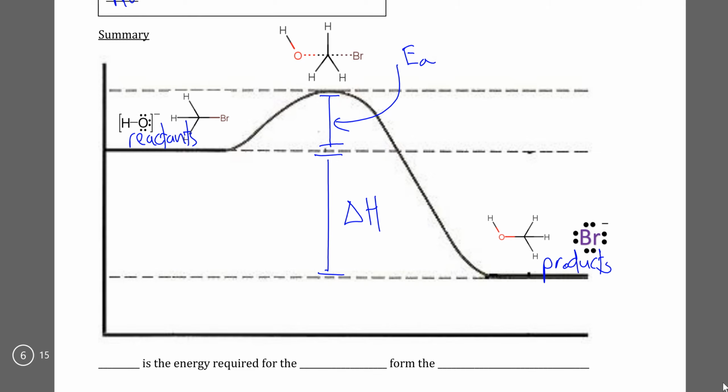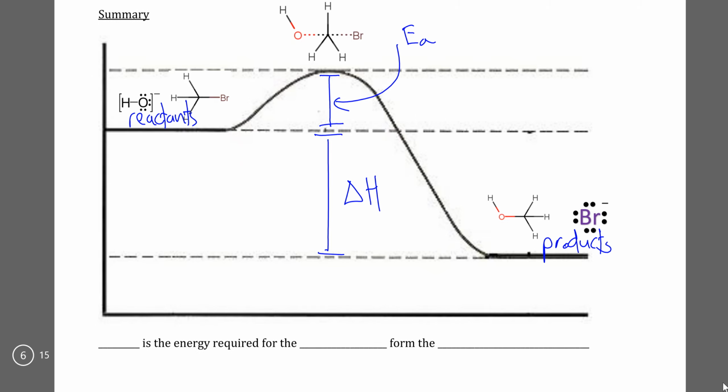Given that activation energy is the difference in potential energy between the unstable activated complex and the potential energy of our reactants, we can make a further clarification: activation energy is the energy required for the reactants in a chemical reaction to form the activated complex.